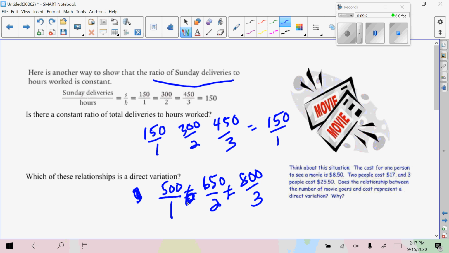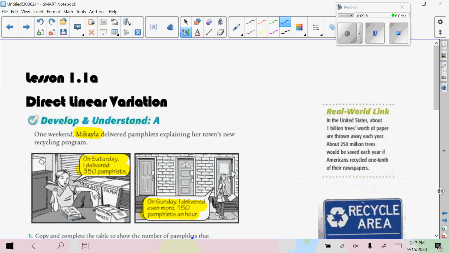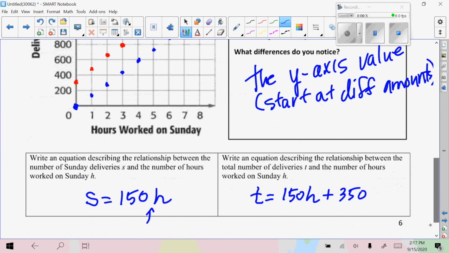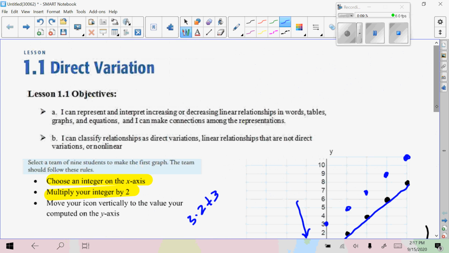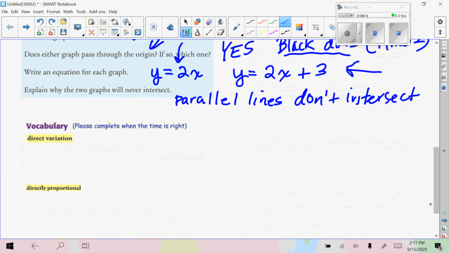One way you can tell that there's a direct variation, and we can go back 2 pages where we have a spot to write this: direct variation is a relationship with a constant ratio in the variables.